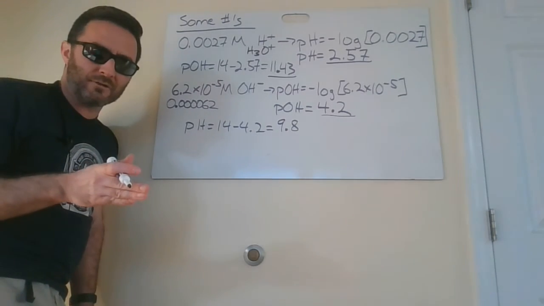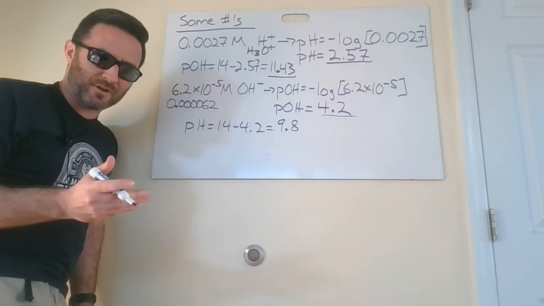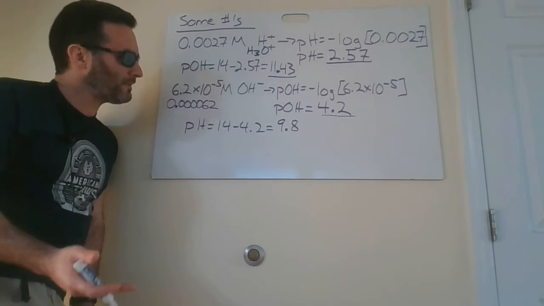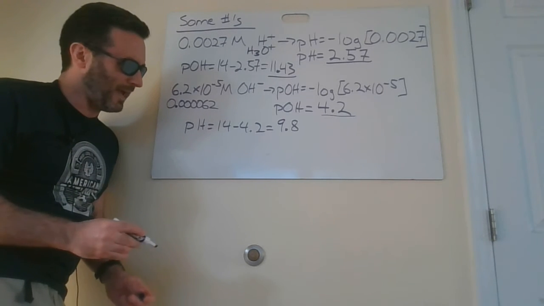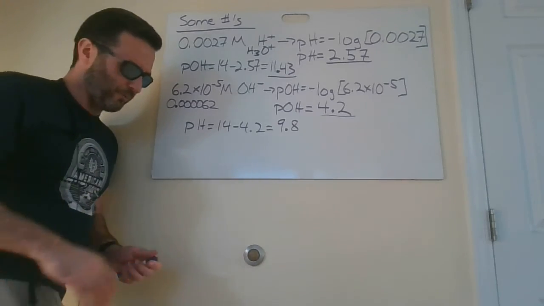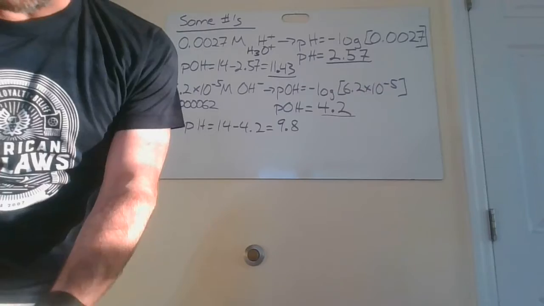So 7 being neutral, yeah, that's basic. It's definitely above 7. It's not the most basic thing in the world, but definitely above that neutral point of 7.